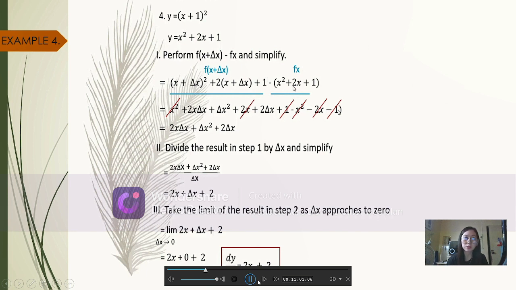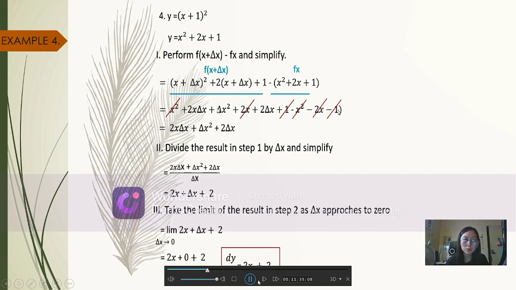So, simplify ulit natin siya. And then, distribute natin yung ito hindi na natin i-distribute kasi automatically na x squared na siya. So, lagyan natin dito x squared, then plus 2x plus delta x, tanggalin natin parenthesis, then lagay natin siya dito, then plus, and hindi na natin isasama yung 1.